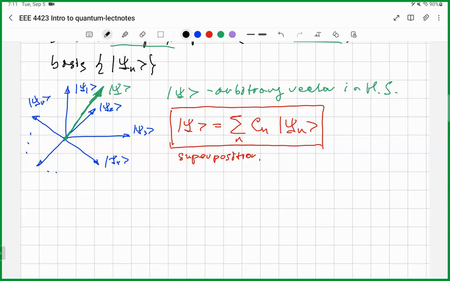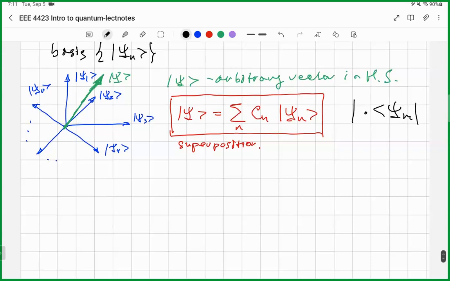All right. So how can we find these projection Cn components? We can multiply this expression by the psi m bra vector, and what will we get?